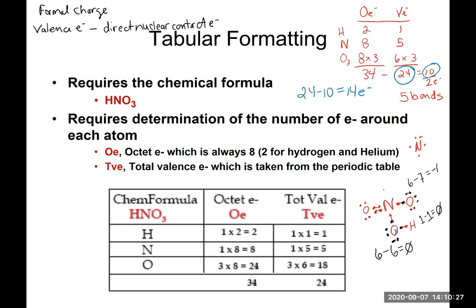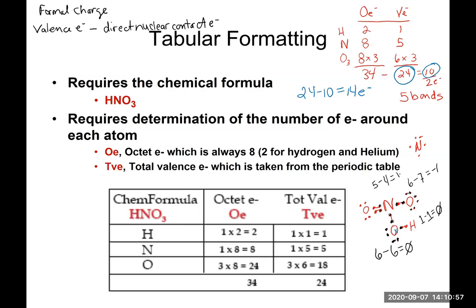Let's do the nitrogen. Nitrogen is in group, column, or family 5A, so it has a valence of 5. And we see that it has 1, 2, 3, 4 electrons directly in contact.